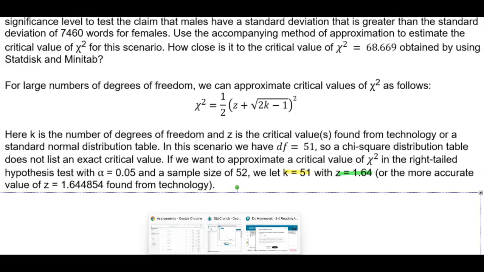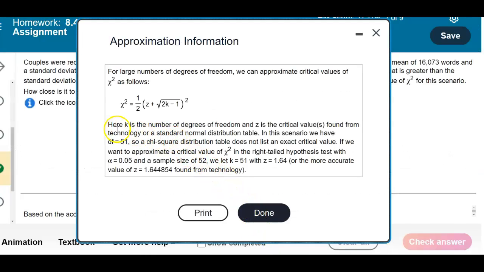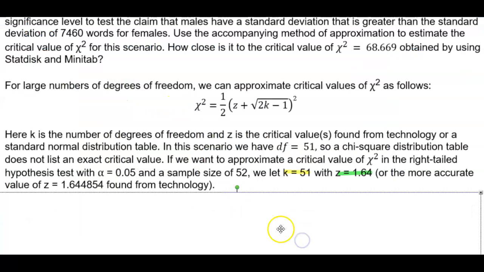So let's go back to that display again. This is what your display is going to read, and it's going to give you the following information. Then we're going to plug these values into our formula to find the approximation of this critical value. So let's go back here.